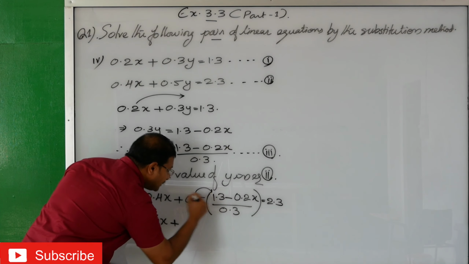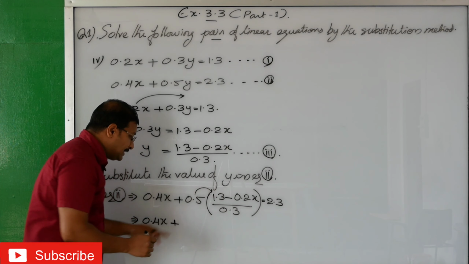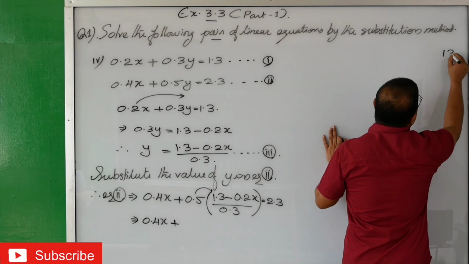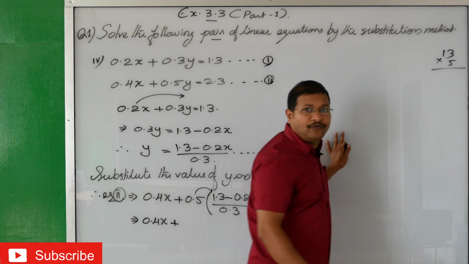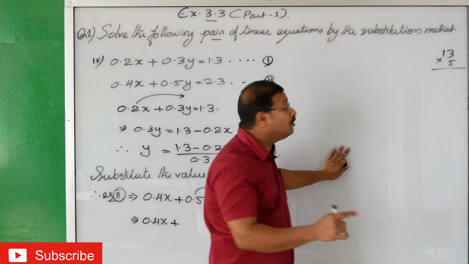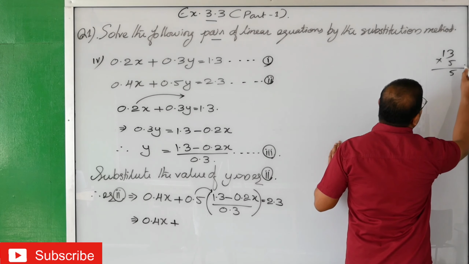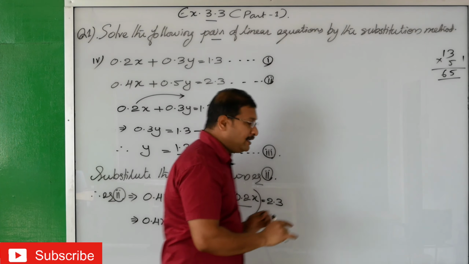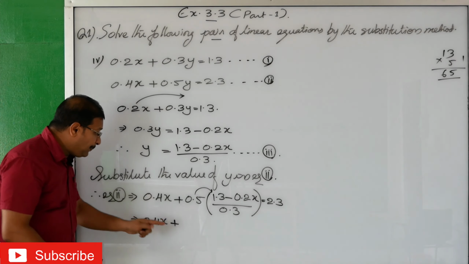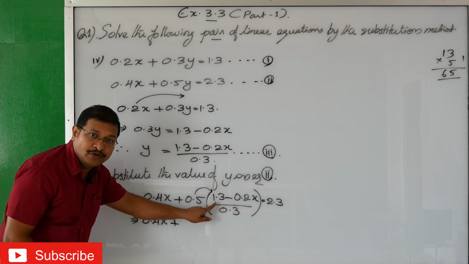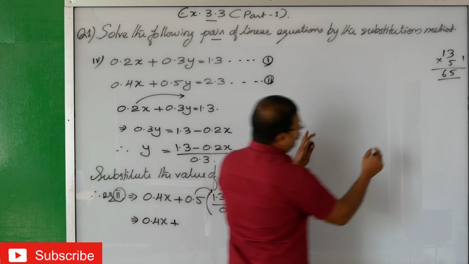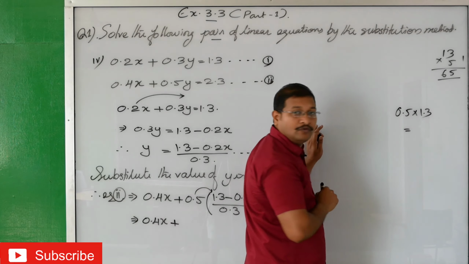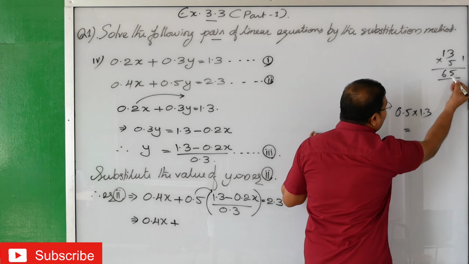Plus, this will open it. 0.5 into 1.3 means you have to multiply 13 into 5. 13 5s are 65, isn't it? 3 5s are 15, 1 in hand, 5 1s are 5 plus 1, 6. Ready? We got 65.